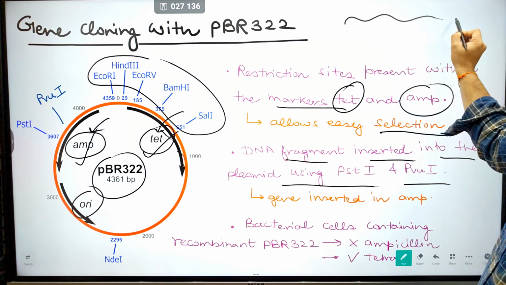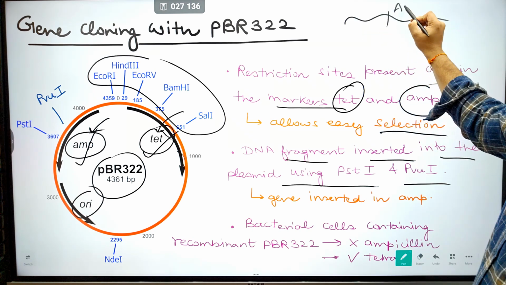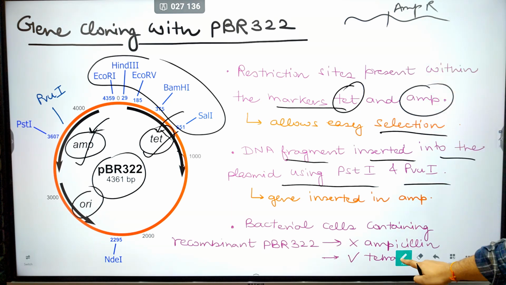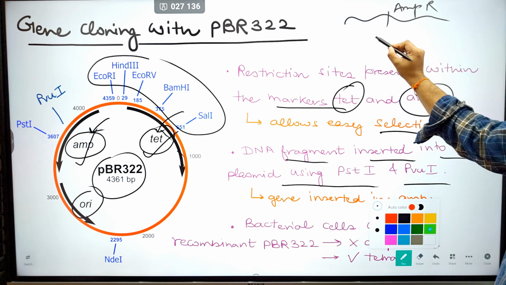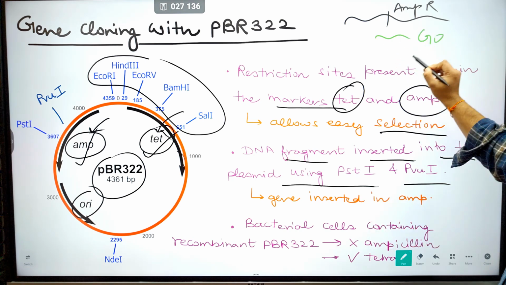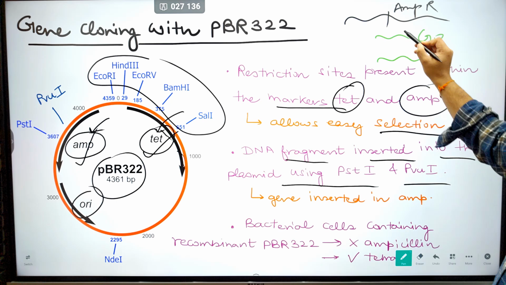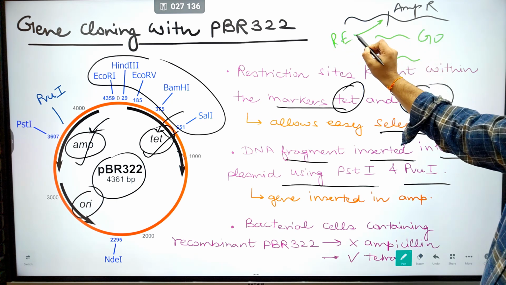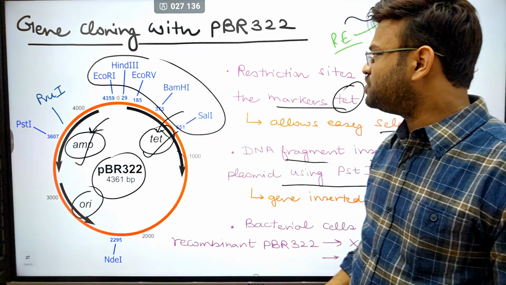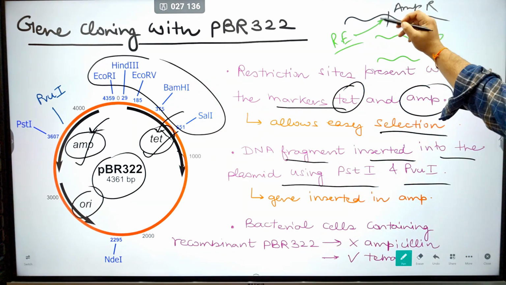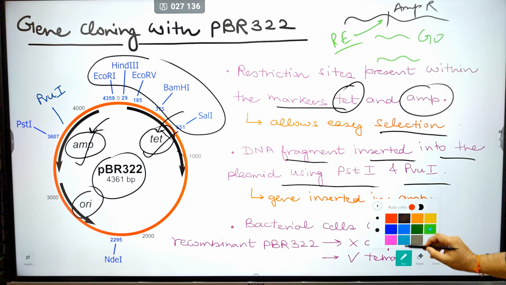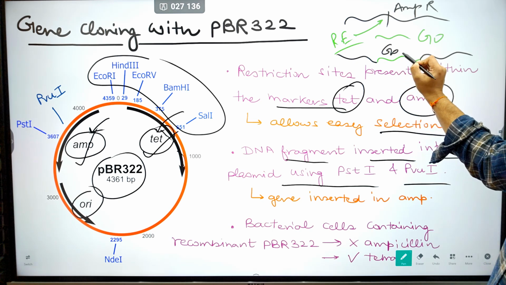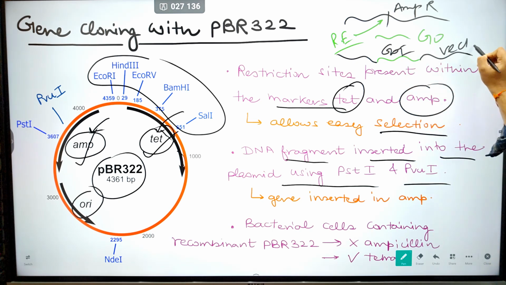Suppose this is your ampicillin resistance gene, and I want to insert my gene of interest. Now let us say this is my gene of interest. So what I will do is cut this fragment with a restriction enzyme, whatever restriction I want to cut. Let us say BamHI I am using to cut. The restriction enzyme will be used to cut, and the gene of interest like this and like this. So this is your gene of interest and this is your vector.